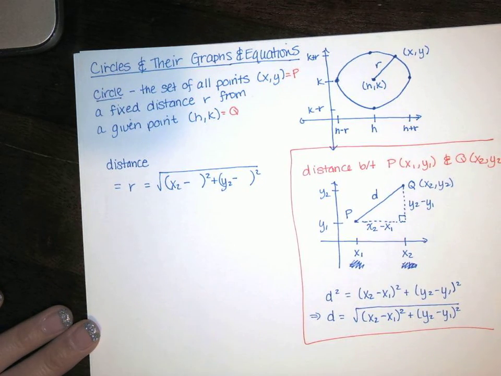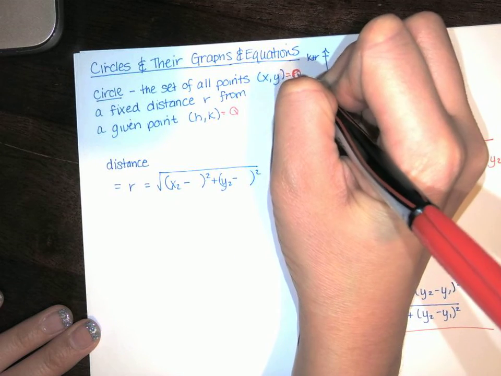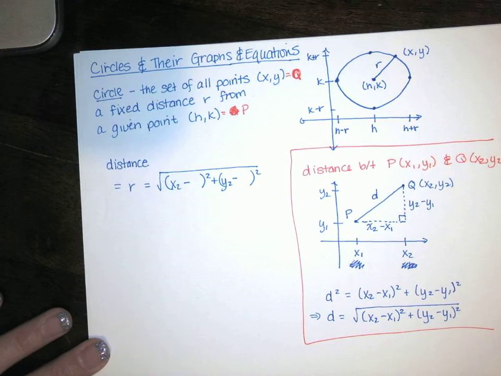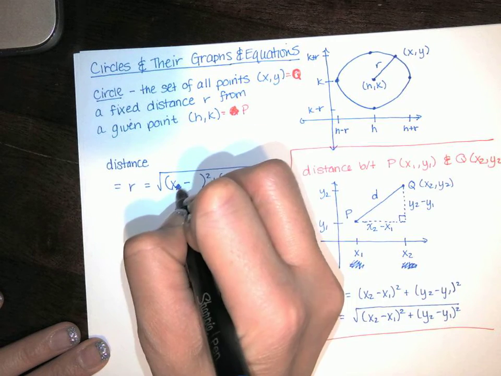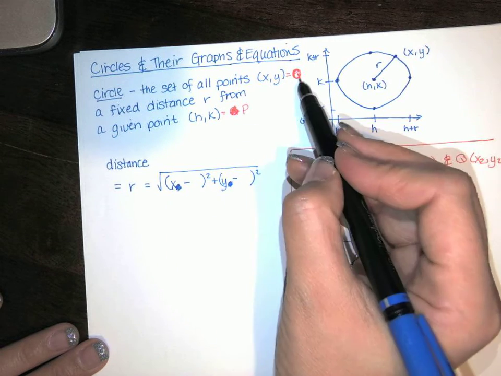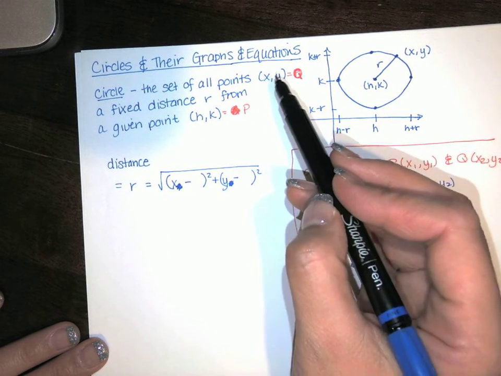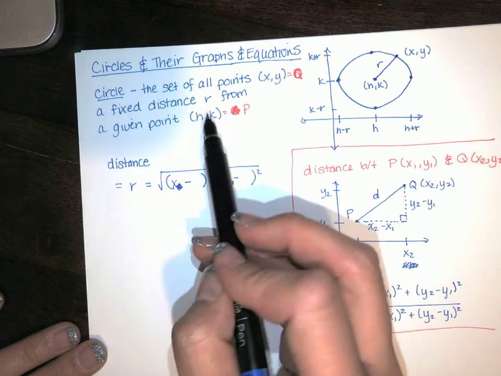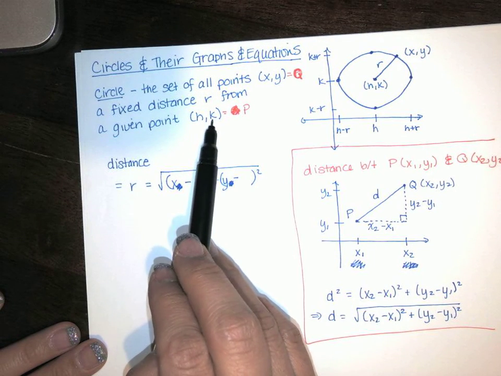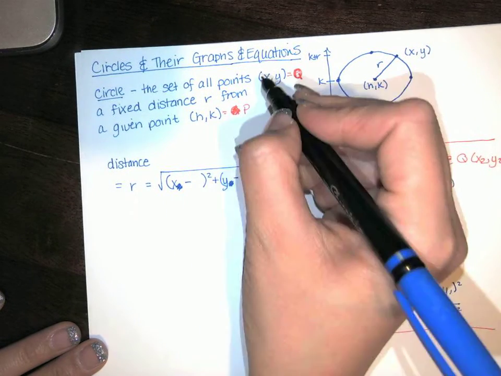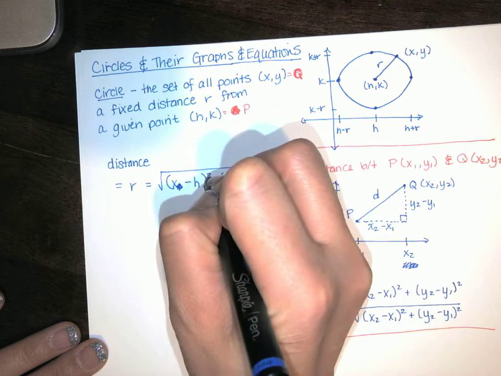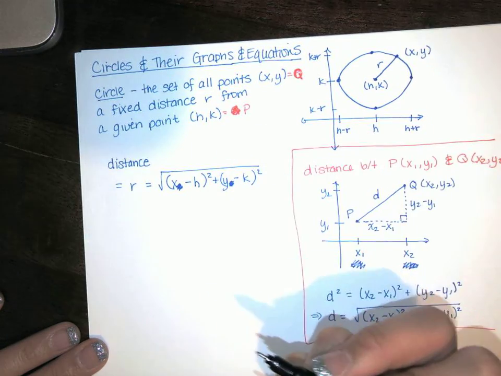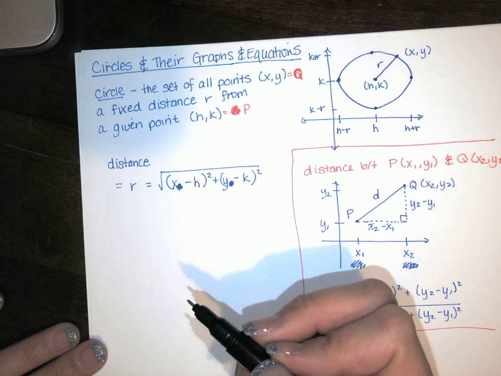Oops. So let me make this my Q, and this my P. So if this is my Q, I'm going to take my x and y, that's my x2, y2, and subtract the x from here and the y from here. So I'm going to have the square root of (x minus h) squared plus (y minus k) squared equals r.